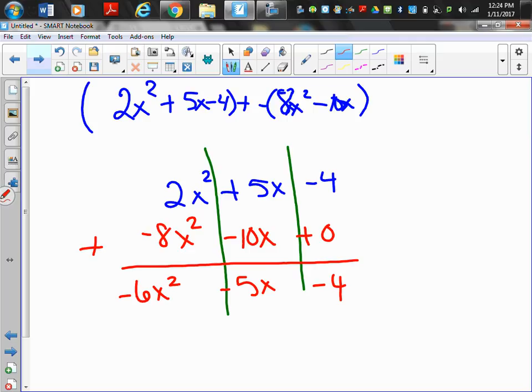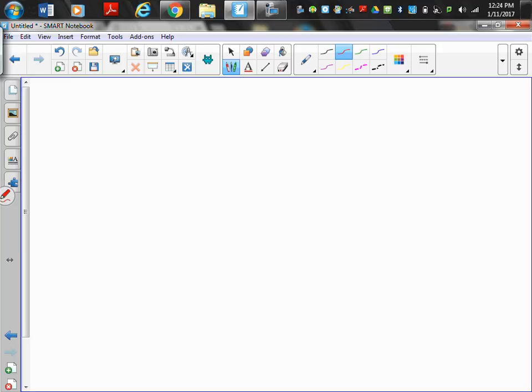All right, so let's look at another problem. 8x squared plus 7 plus the quantity x minus 5.